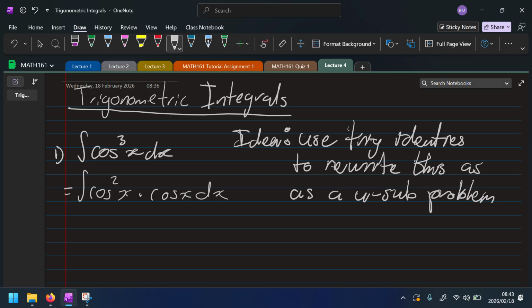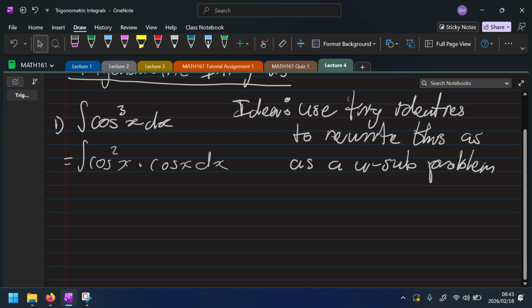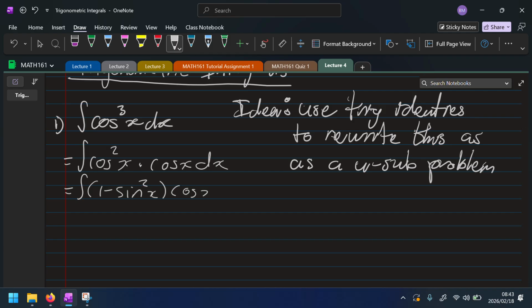How can we write that as sine? 1 minus sine squared. So we've rewritten it a little bit. Now here we can do a u substitution. Look at the first part, 1 minus sine squared. If we let u be sine x, what do we get for du? Cos x. That takes care of that there.